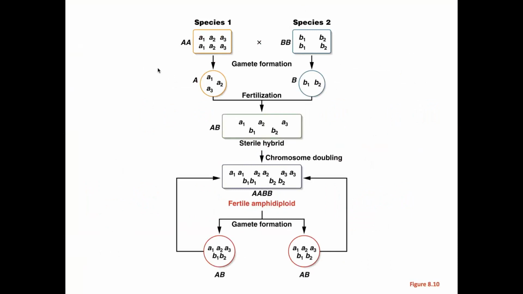So again, a haploid number of 3. Here's species 2, a 2n of 4, and again, a haploid number of 2. So clearly, in terms of chromosome organization, genome organization for these two species, they're different. But they're closely enough related biologically that they can intermate.